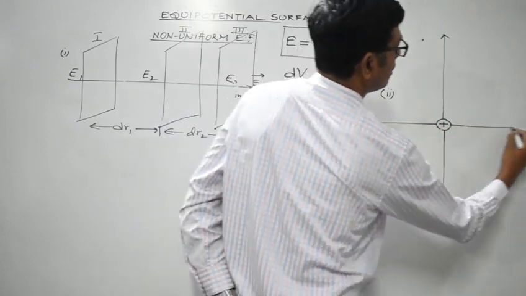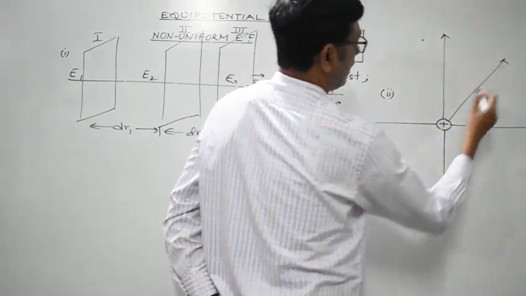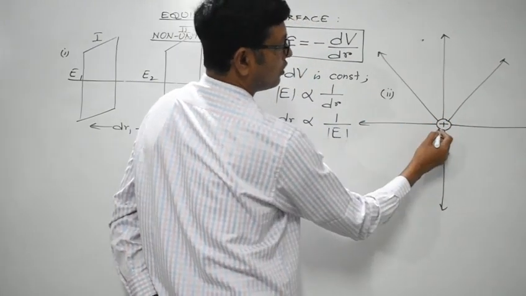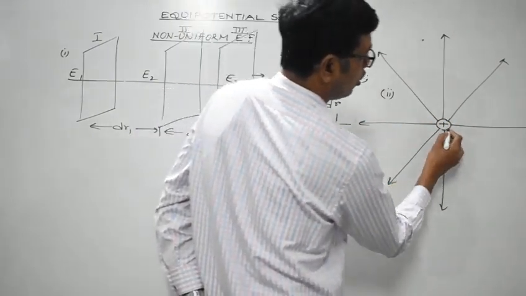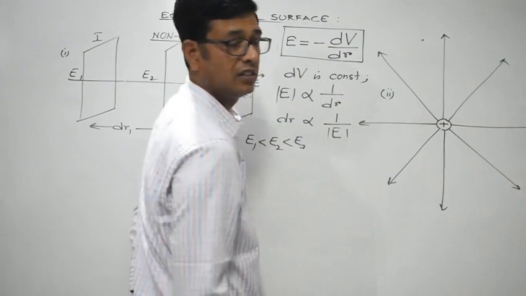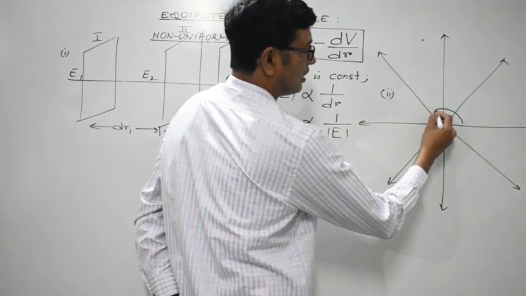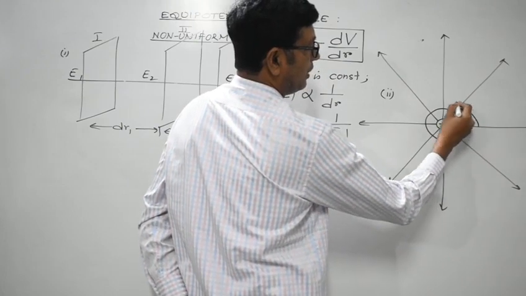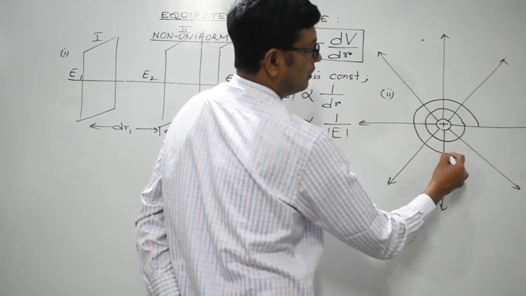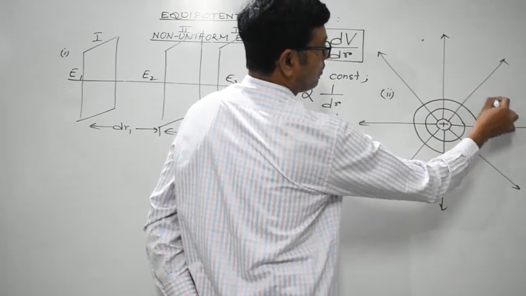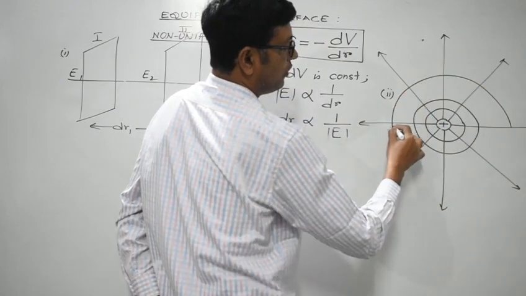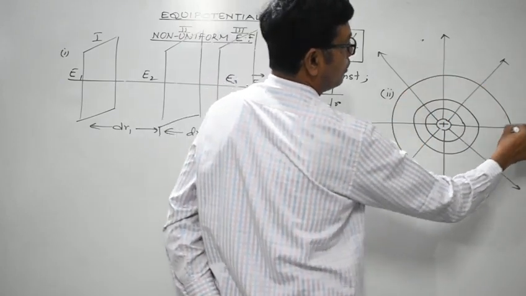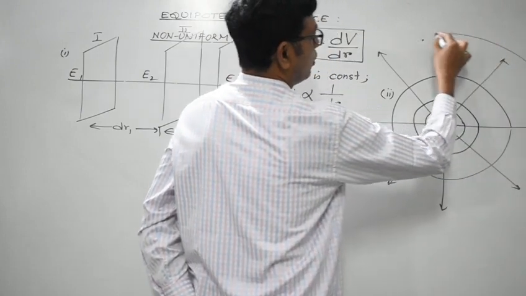Now, in the case of a point charge, if we are supposed to draw equipotential surfaces, then it should be like this. As I stated, in a plane it will be circular, and in space it will be spherical. The separation between the equipotential surfaces will keep on increasing.